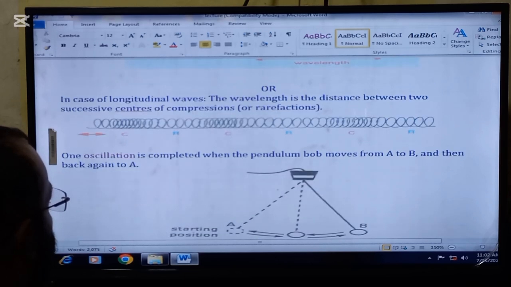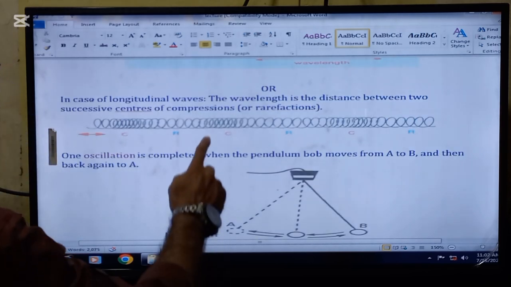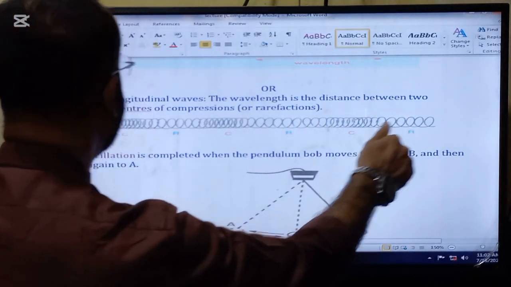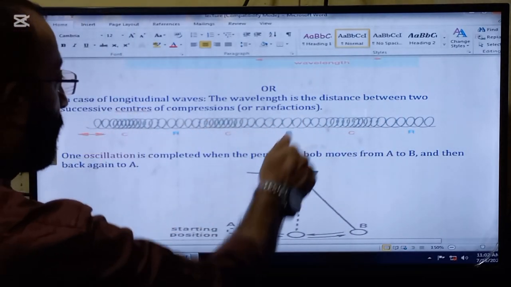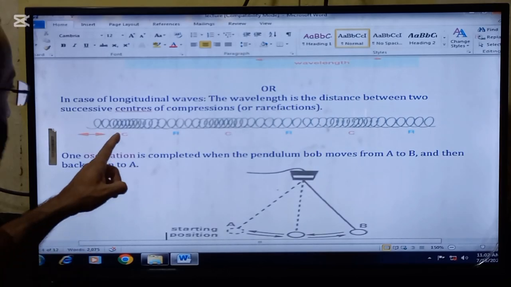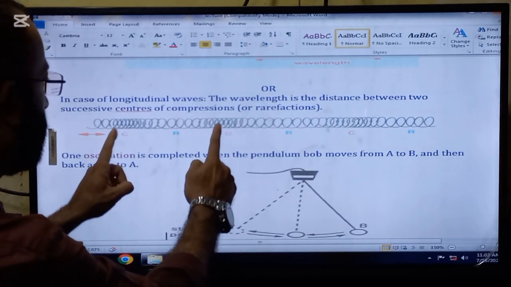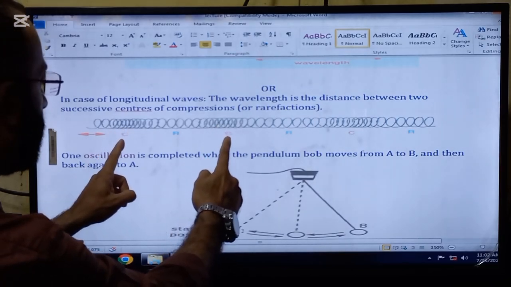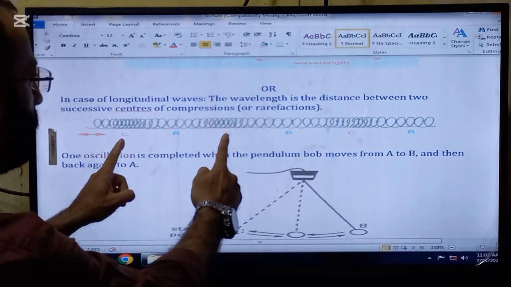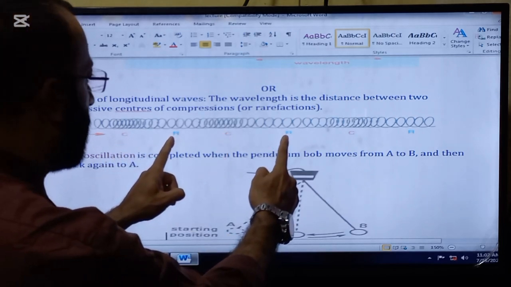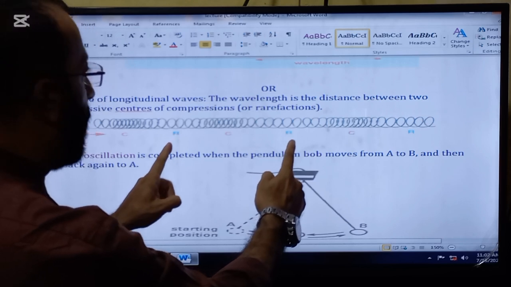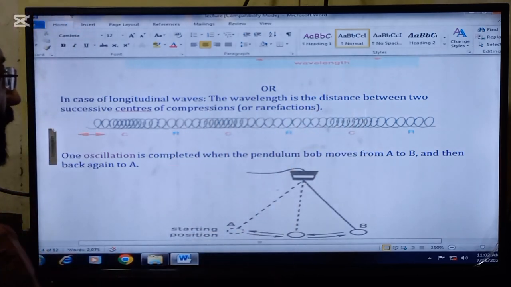In case of longitudinal waves, the wavelength is the distance between two successive centers of compression or rarefaction. So here are two successive compressions. The distance between the centers of two successive compressions, or between the centers of two successive rarefactions, is called wavelength.